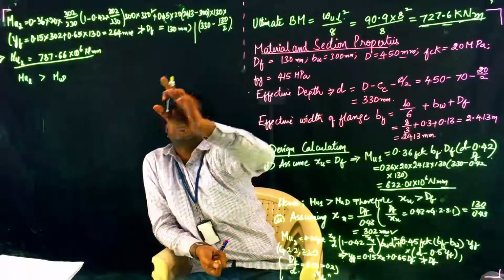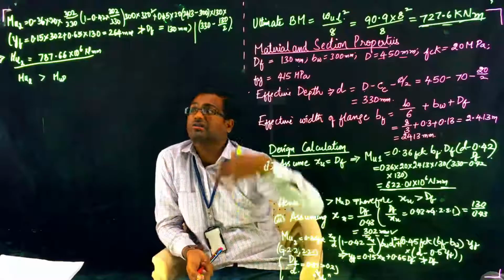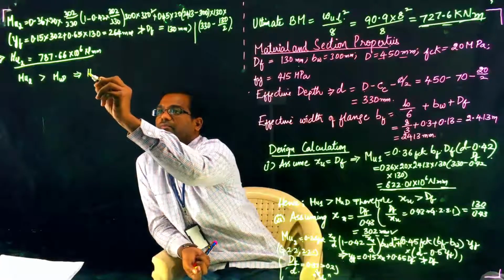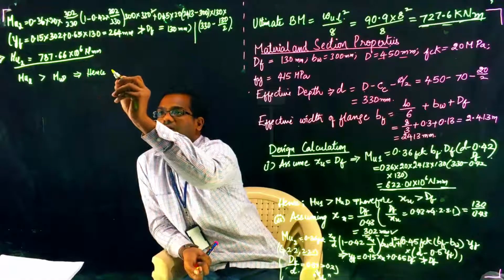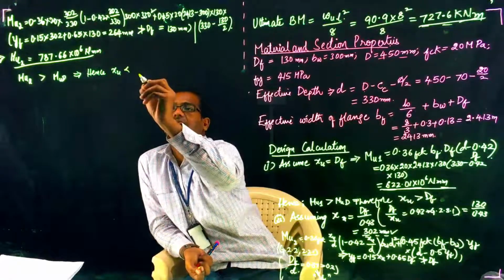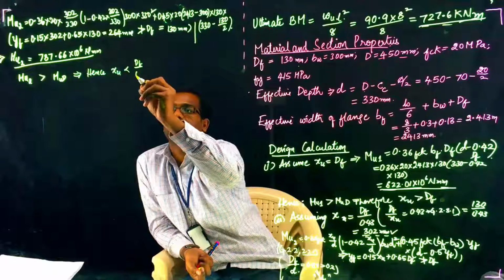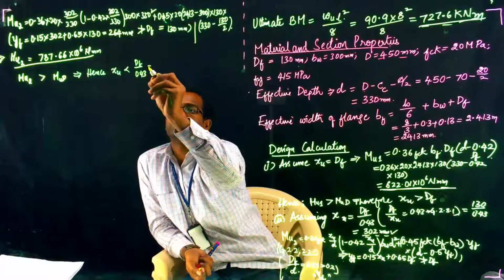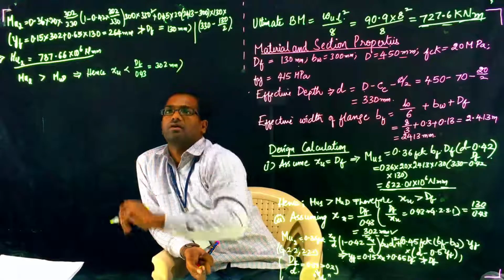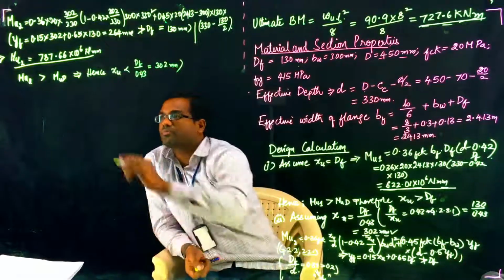Which means that whatever XU value you have assumed, 302, is more, right? So hence the XU value is less than DF by 0.43, that is 302 mm. So we will assume a little bit less value.